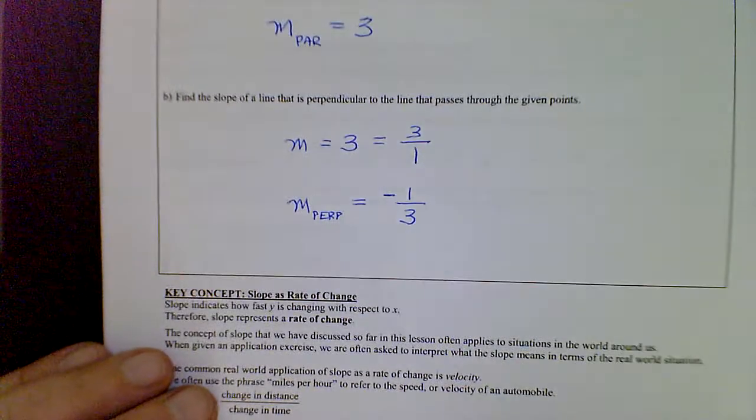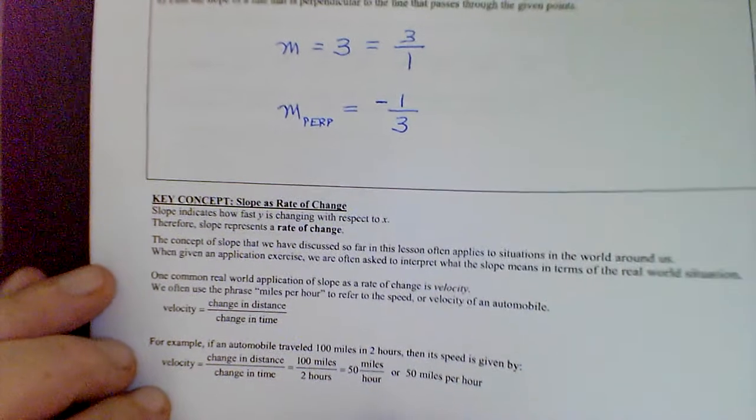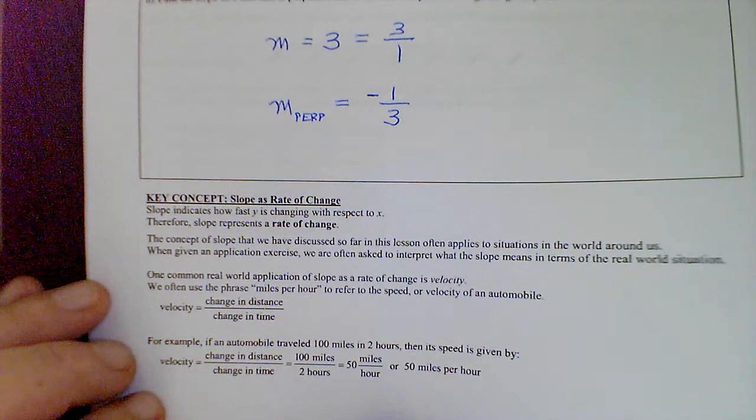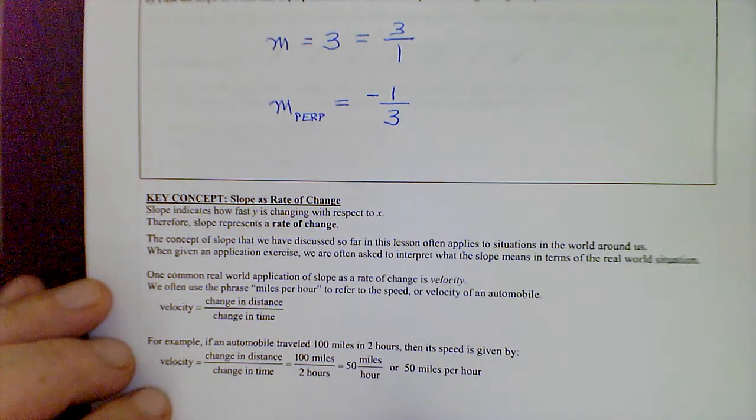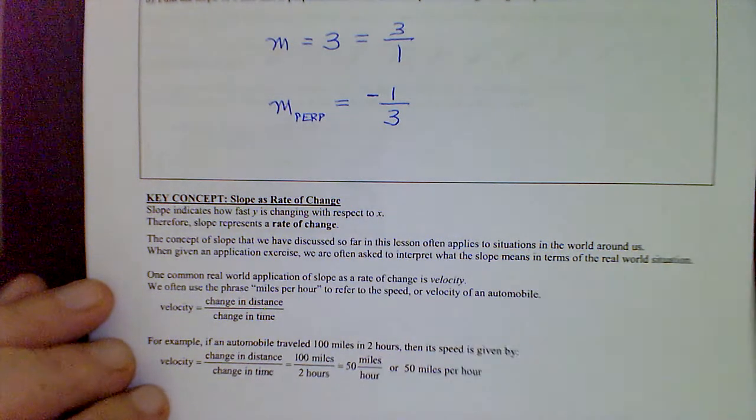Okay, and then we get to the concept of slope in word problems as a rate of change. Here we mention the concept of traveling, say, distance over time, 50 miles per hour, that's our velocity.